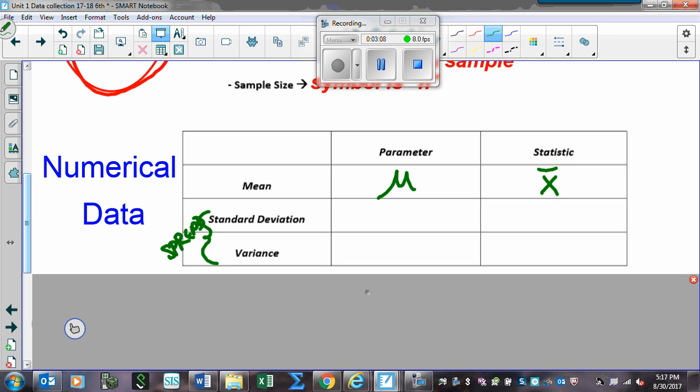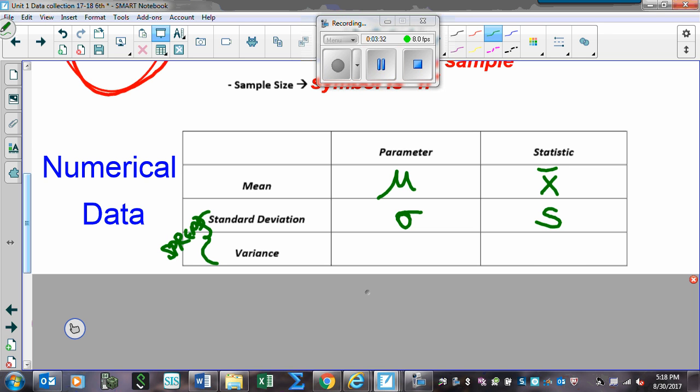And so for the standard deviation, we use this quite a bit, and you might have remembered this from your days in doing the normal distribution. That was the denominator, calculating a z-score. And standard deviation for a statistic is an s. So your sigma is the standard deviation of the population, and s is standard deviation of your sample.